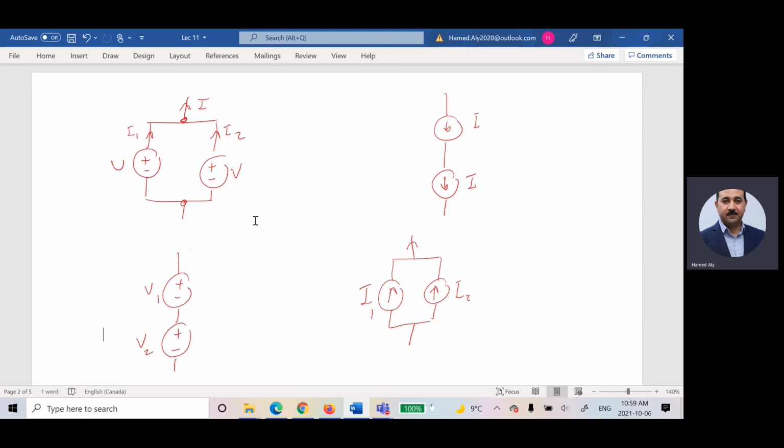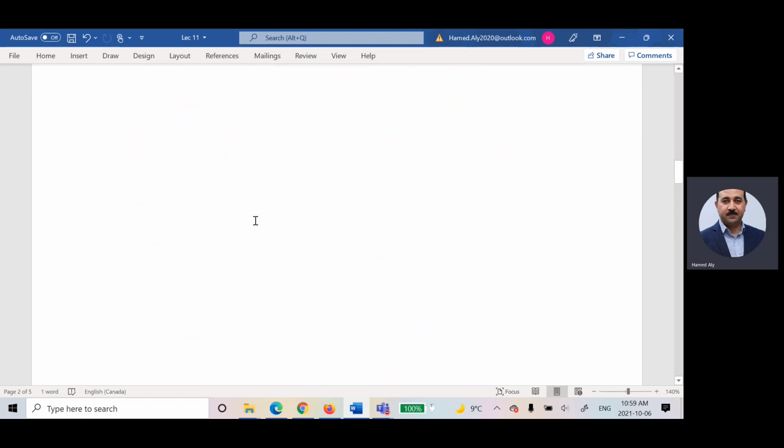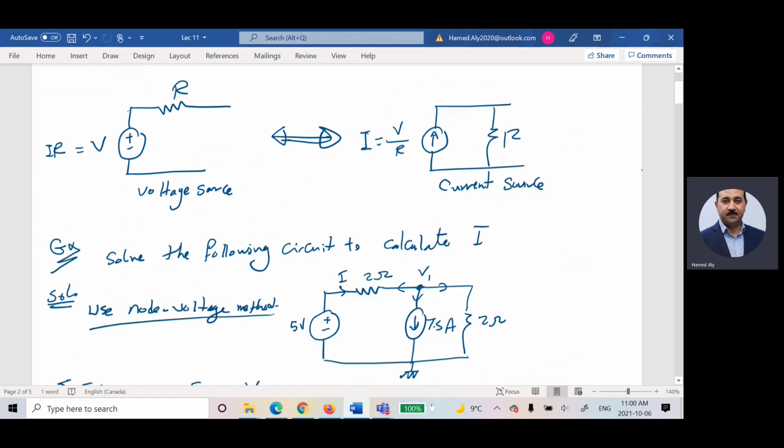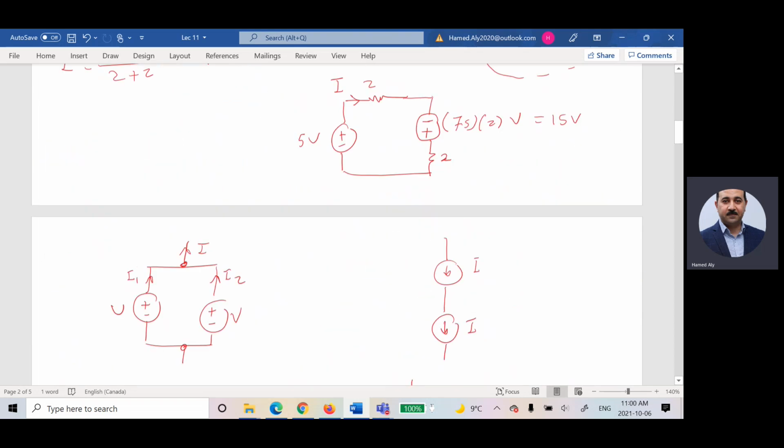I prefer to talk about them next class on Friday, because I need more than one class to cover that. So I'll talk today about superposition, which is a very simple theory. So let us talk about superposition, which is method number 4.